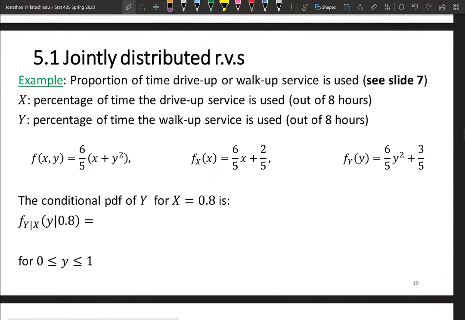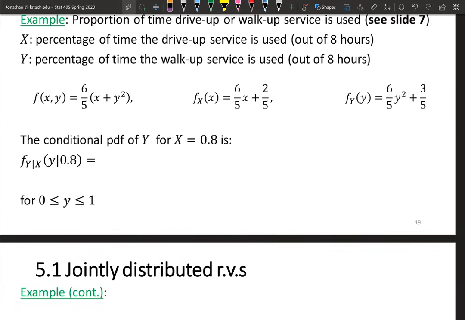All right, example, same thing we had above. It was like a drive up and walk up situation at a bank. X is a percentage of the time we drive up out of 8 hours, and Y is a percentage of the time we walk up. We already found the marginals. Now, what is the conditional PDF of Y given that X is 0.8? Well, what is that going to be? The conditional PDF is going to be f of Y comma 0.8 over f sub X of 0.8.